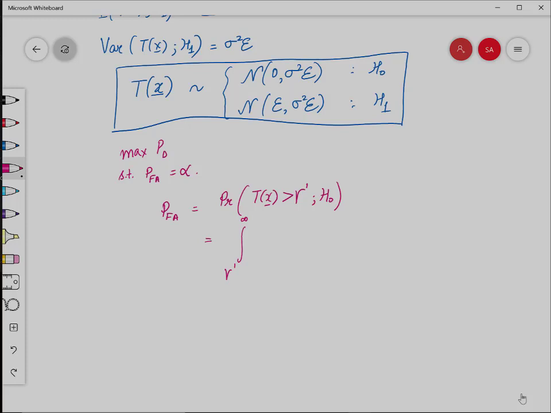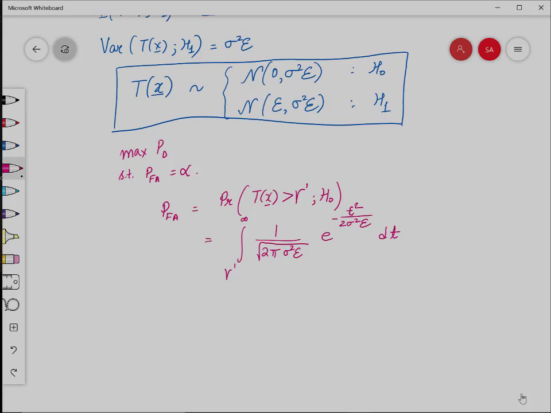I can write the distribution of Tx under hypothesis H0, which is 1 over the square root of 2 pi sigma square E, times the exponential of minus T square over 2 sigma square E, dt.